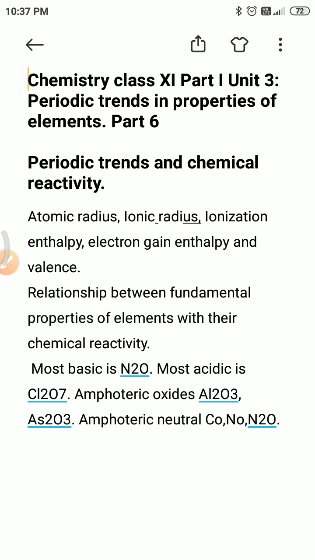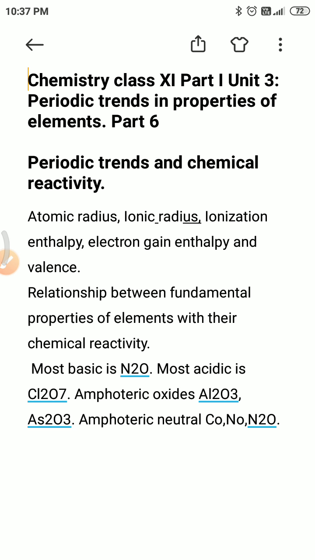In other words, the ionization enthalpy of the extreme left element in a period is the least, and the electron gain enthalpy of the element on the extreme right is the highest negative. We should know that noble gases, having completely filled shells, have rather positive electron gain enthalpy values.